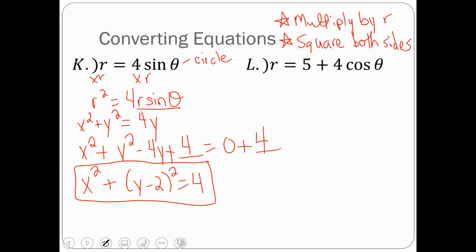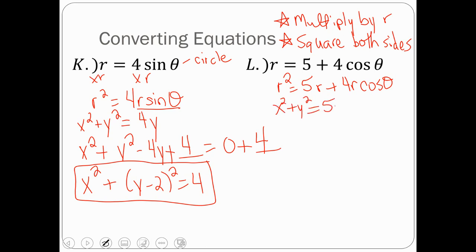So I am going to multiply both sides by r to begin with. So I get the same thing as I did on the last one. R squared equals 5r plus 4r cosine theta. Well, r squared is equal to x squared plus y squared.